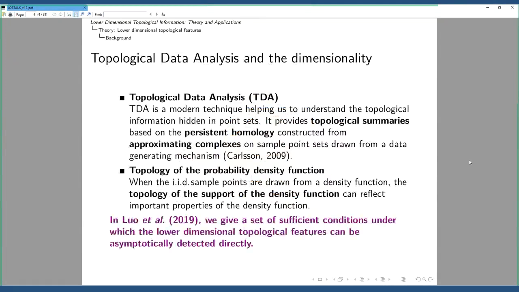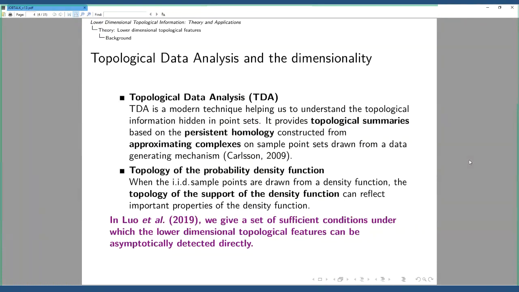So to start with, I'll briefly introduce topological data analysis, which is a set of data analytic techniques that construct a sequence of topological spaces known as complexes to approximate the underlying topology of the space where the data set lives. From the perspective of a statistician, a more specific problem we are concerned with is to study the topology of the probability density function, or the topology of the support of the probability density function.